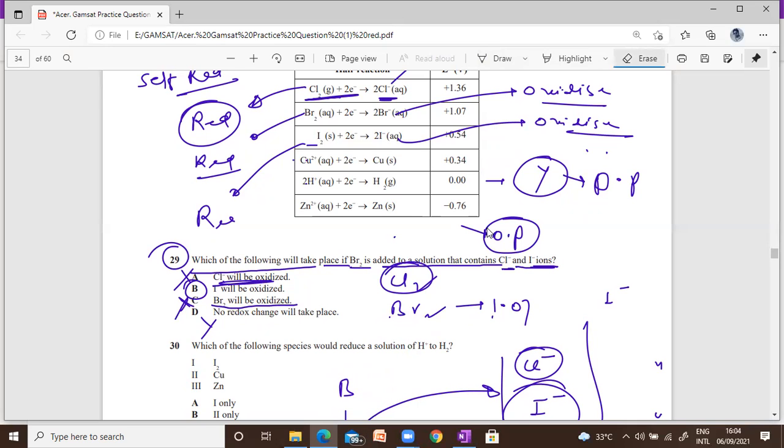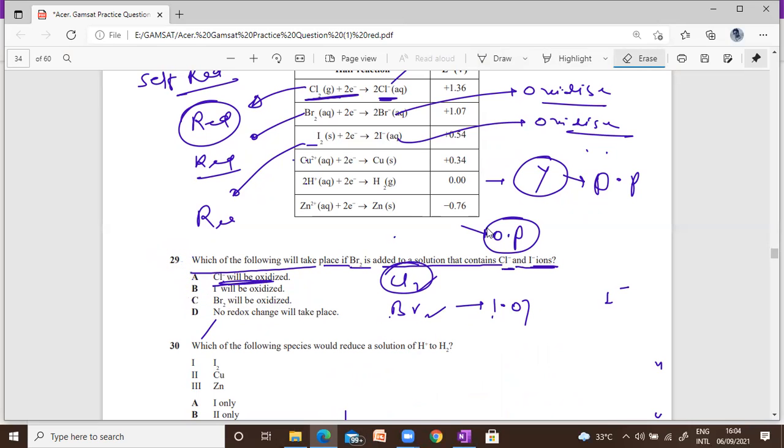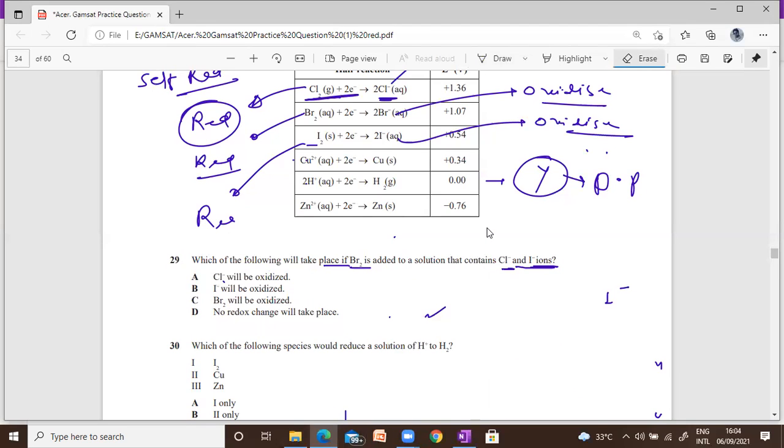And here you can see: which of the following species would reduce a solution of H plus to H2?